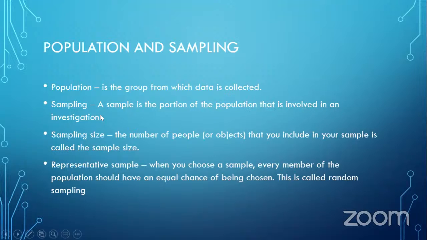Out of your whole area, we choose people with 3-bedroom houses, people with 2-bedroom houses. People with 3-bedroom houses are one group, and that is our sample. Those with 2 bedrooms are another sample, and 1 bedroom is another sample. It's just a group divided. In total, if we count all those people together, that is called the population.